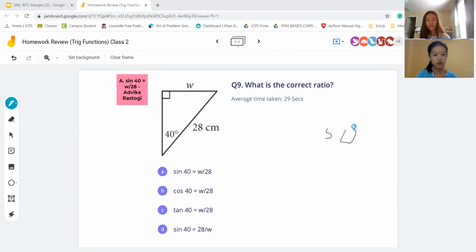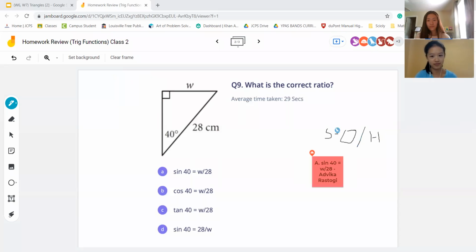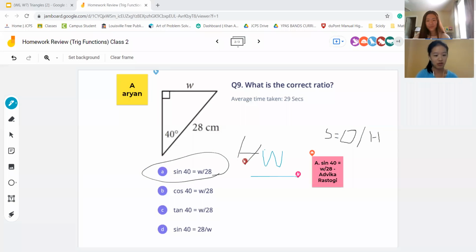So what would be the opposite side of 40 degrees? That would be W. And what would be the hypotenuse? 28. So you just check one answer and it turns out that's right. So A would be the correct answer.